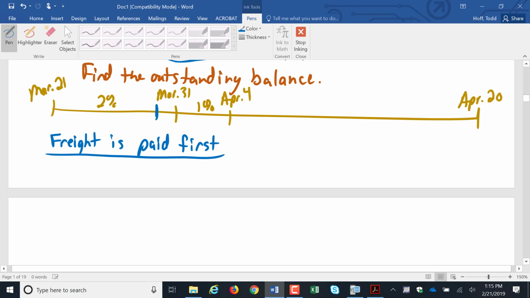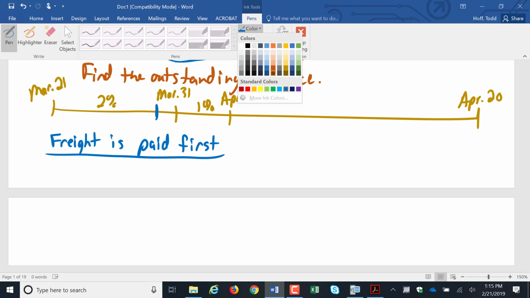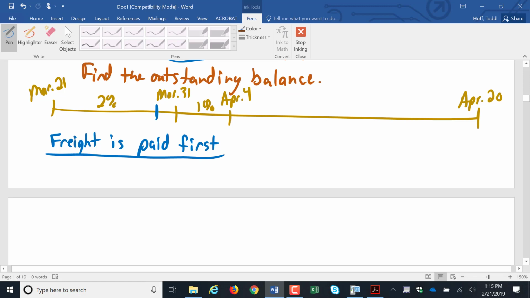The expenses are reimbursed before the invoice starts to get paid down. So we take that $800 payment, and the first thing we do is subtract the $200 in freight. That leaves us with $600 that's going to be applied to the invoice.